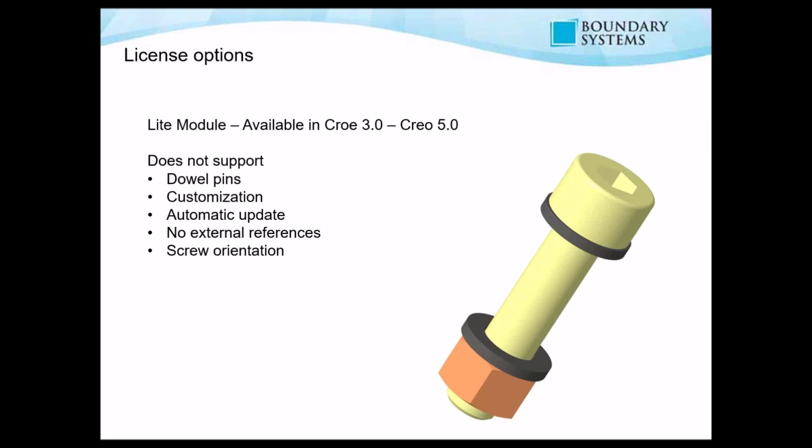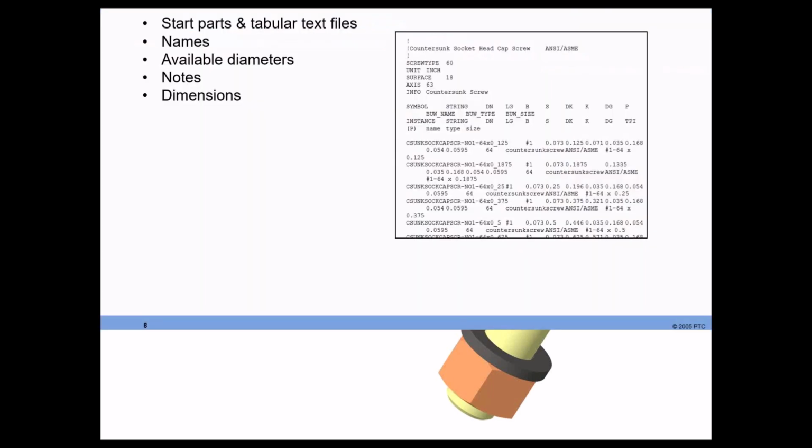So things like dowel pins, you can't customize it. It won't do automatic updates and things like that. And you can't use external references, and you can't adjust the screw orientation. So things like wing nuts, as you place it, it's going to sit like that, whereas with the full version, you can manipulate all of that.